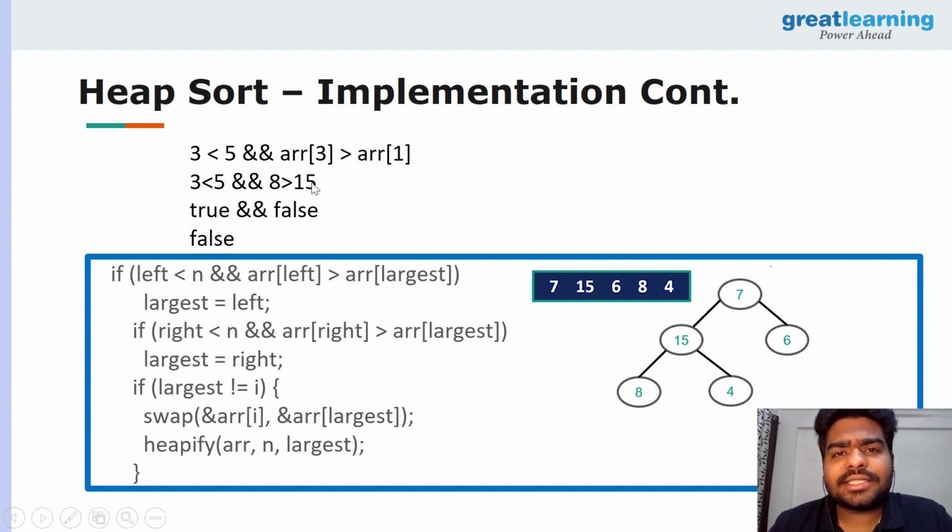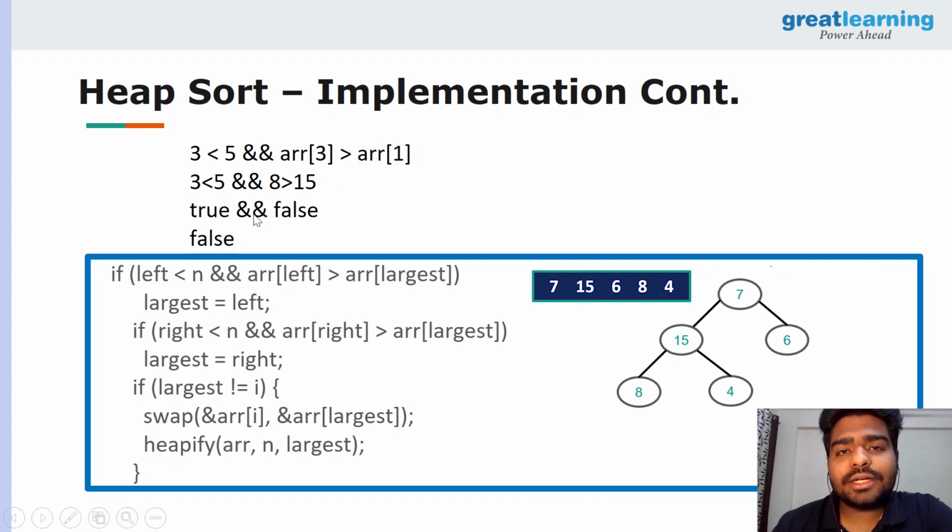Now let's see which condition is true and how this AND operator is working. If anybody doesn't know what the AND operator is, it says that when both the conditions are true, that is the only time when your whole condition will be true. So both the conditions have to be true when you're using an AND operator. But we can see here that 3 is less than 5, which is true, but 8 is greater than 15 is false.